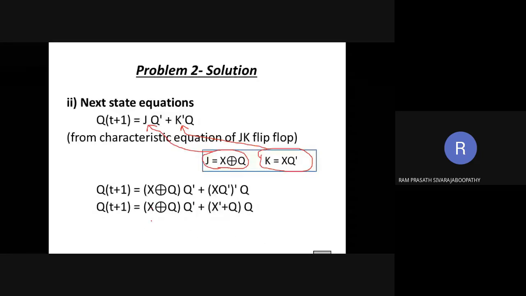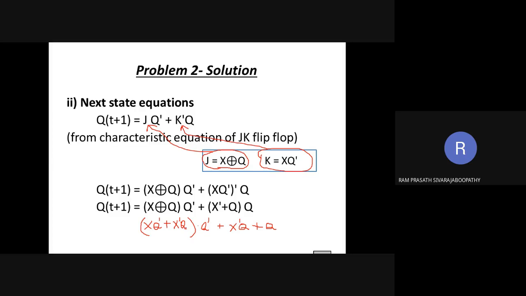How can we write this? X Q bar plus X bar Q, dot Q bar, plus X bar Q plus Q dot Q equal to Q. Fine.